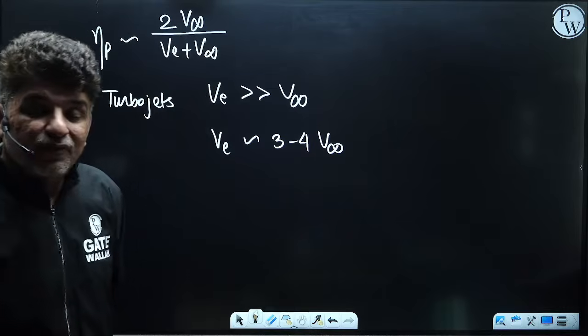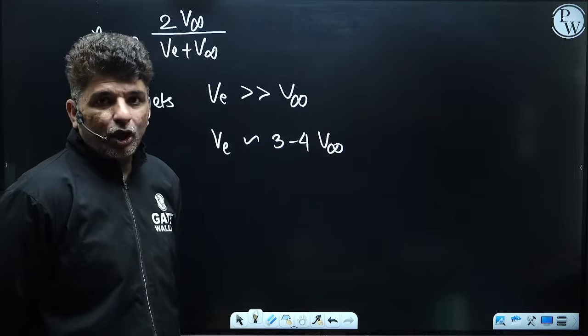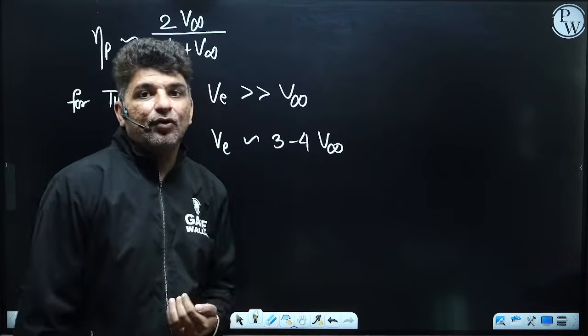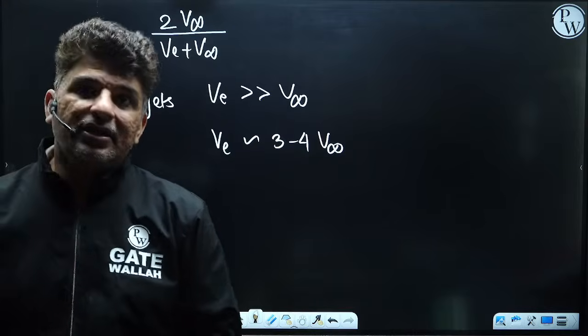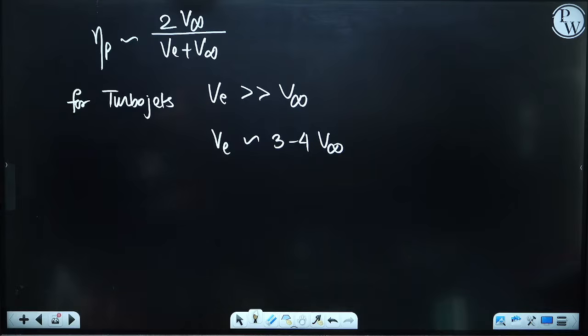In case of supersonic aircraft, this could go as high as 6, 7. If that is the case, then the propulsive efficiency would be significantly dropping. I hope it is clear to everyone.